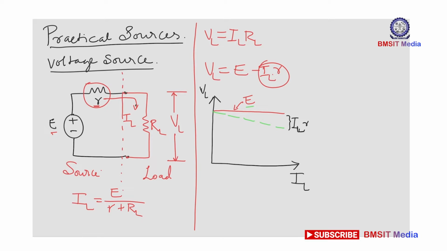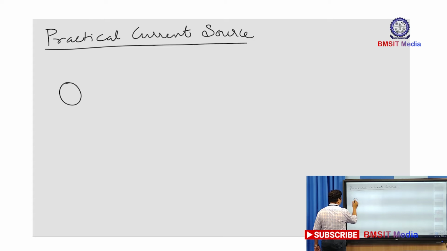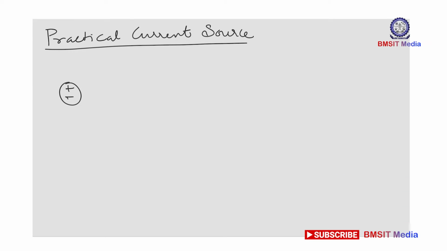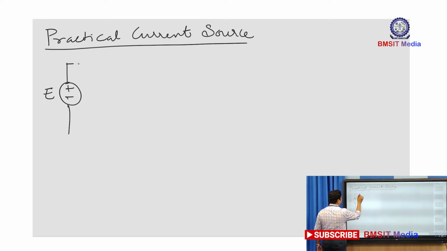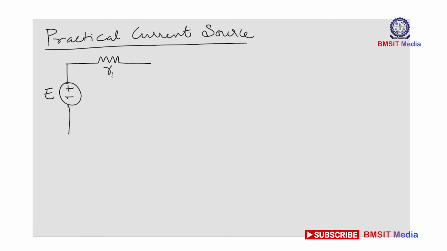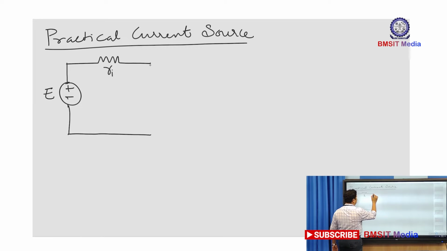Next, let us see the practical current source. Like I told, a practical current source can be realized using a practical voltage source. Let us consider a source of E volts having an internal resistance of say Ri, connected through a switch S to the load.